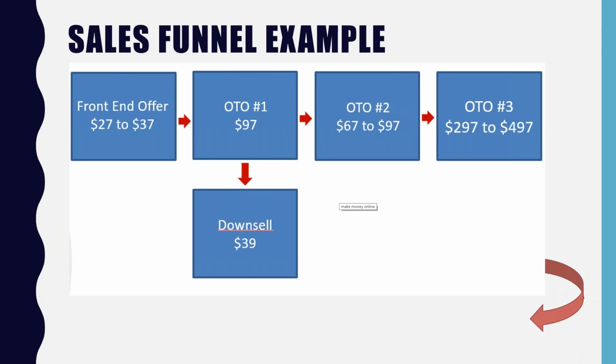So I have something running right now, a promotion where people can spend anywhere from $7 to $27 for my front-end product, but then they're given the opportunity to spend $97. And if they say no to that, I offer them a $39 offer. And if they say no to this or no to this, I still offer them another $67 offer, all the way until they're offered a $497 product.